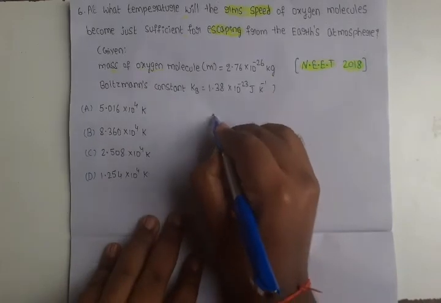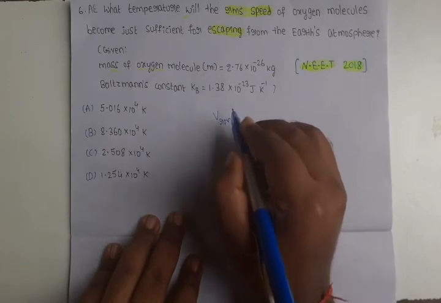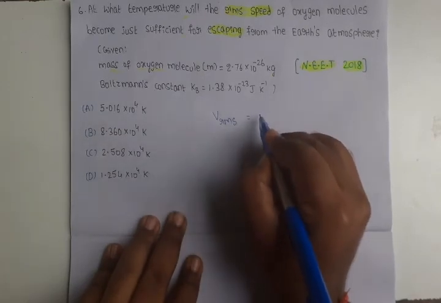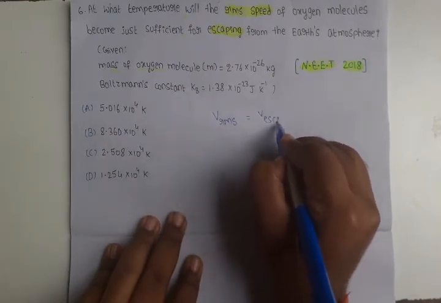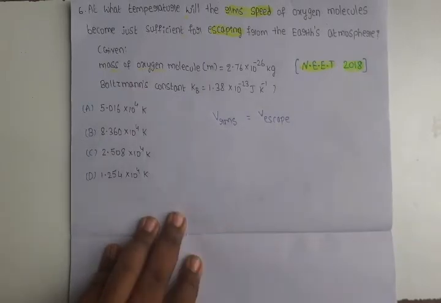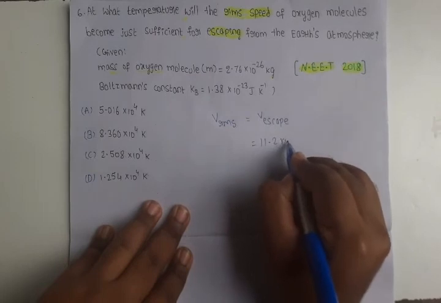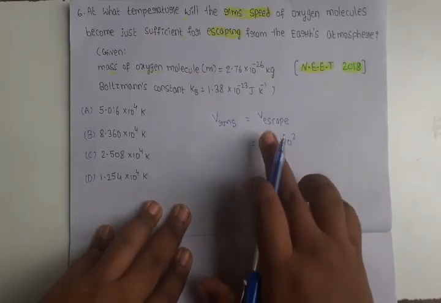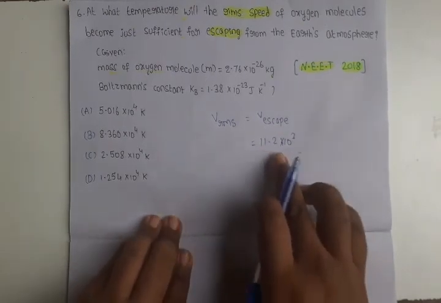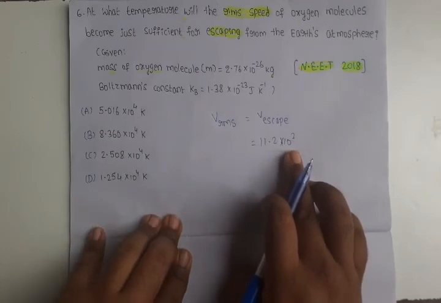Here condition is RMS speed VRMS equal to the escape velocity. So what is the value of the escape velocity? 11.2 into 10 to the power of 3 meter per second, that is the escape velocity. Okay, this is the constant value, escape velocity 11.2 into 10 to the power of 3.